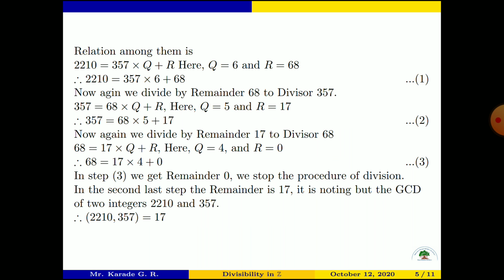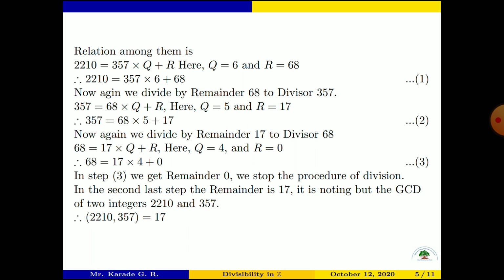Okay, so here the quotient we get is 6 and the remainder is 68. Therefore 2210 is equal to 357 into 6 plus 68.